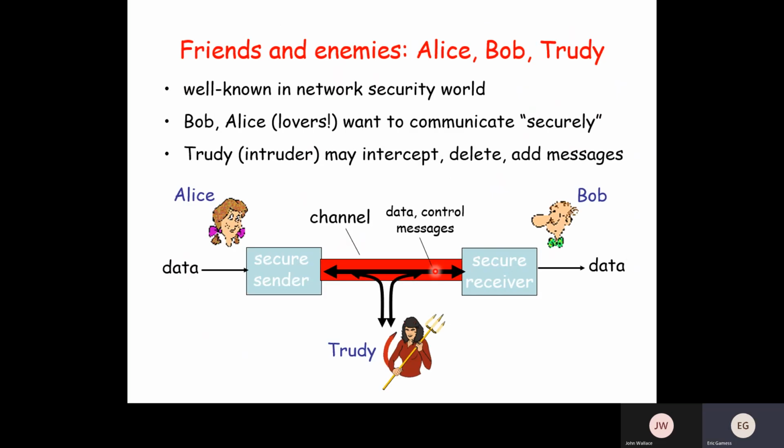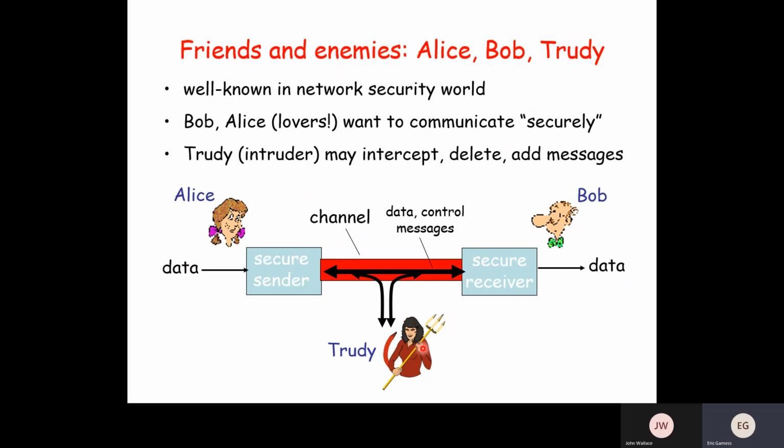Okay, in our exercises, we will many times have 3 people involved. So we will use these 2 people, which are Alice and Bob. They are lovers over the internet, and they exchange information between them. And there is a hacker. The hacker is called Trudy. So Trudy is going to make their life difficult.